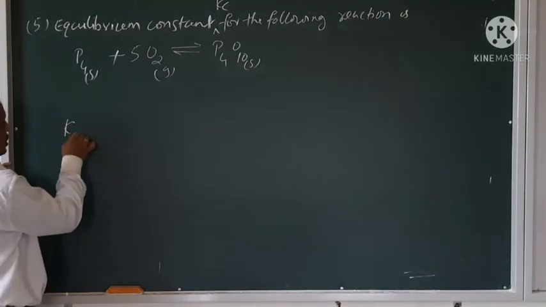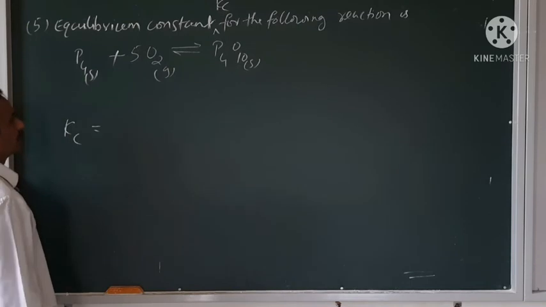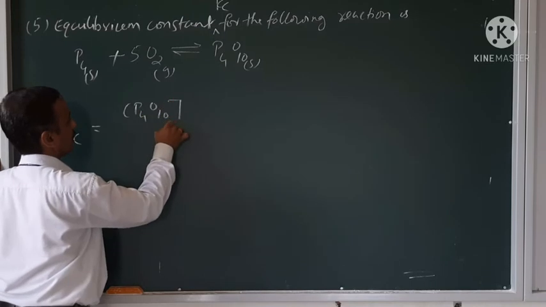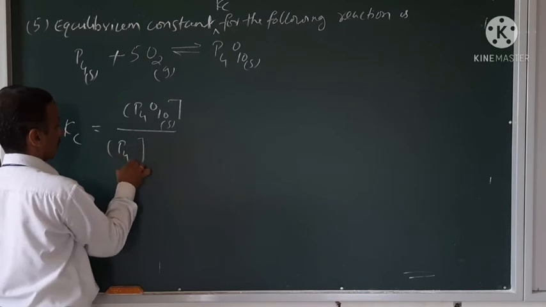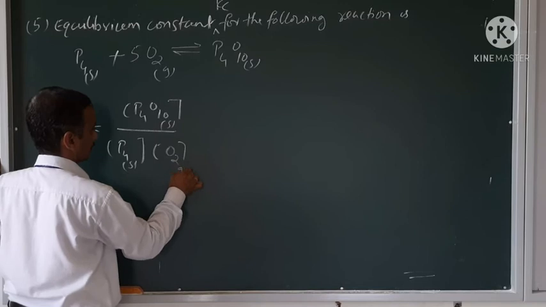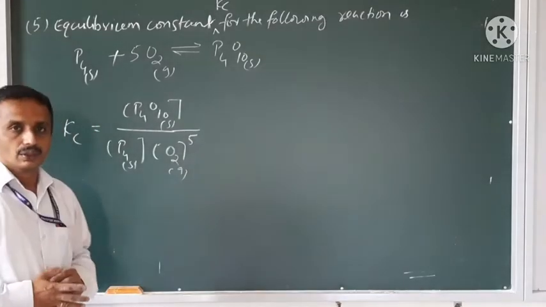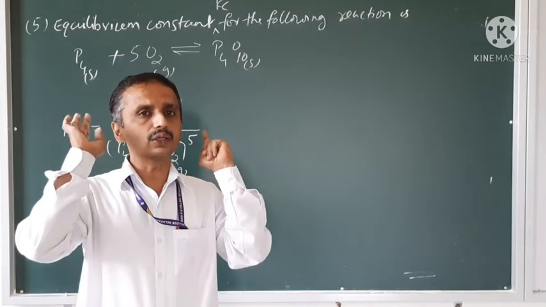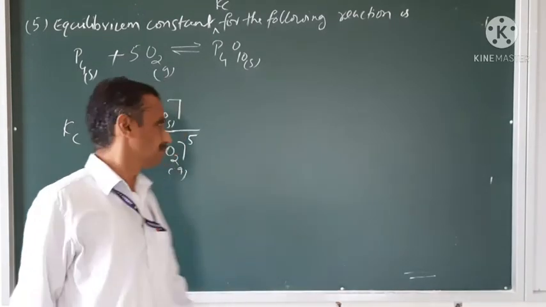So Kc is equal to the P4O10 solid concentration divided by the P4 solid concentration into the O2 concentration, which is the gas, to the power 5. See, if the skeleton equation is given, don't write the equilibrium constant for the skeleton equation. First balance it, then write it.